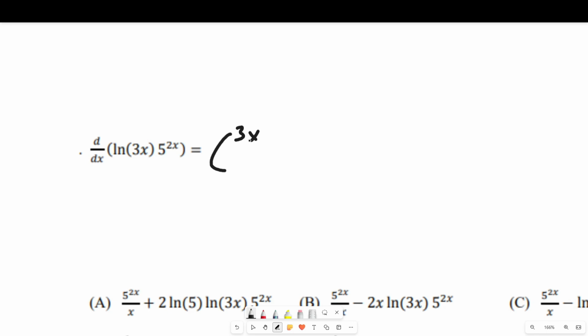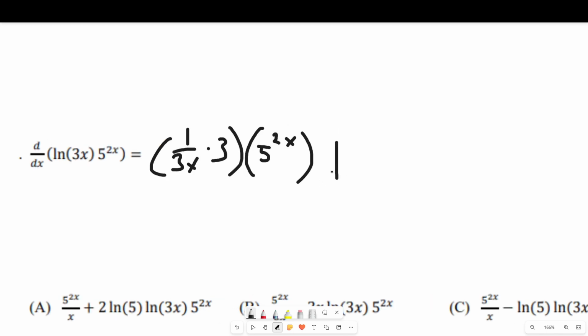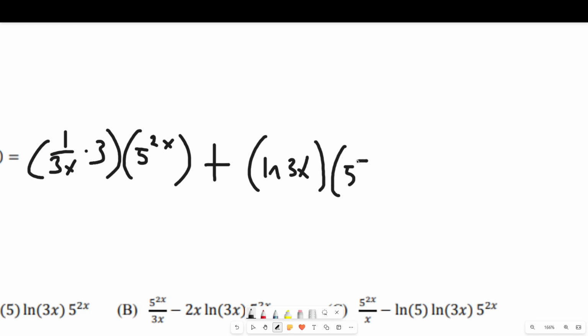So that is just 1 over 3x, and then I have to do chain rule, so times 3, multiplied by 5 to the 2x, plus ln 3x, and then the derivative of this is going to be 5 to the 2x times ln 3 times 2.